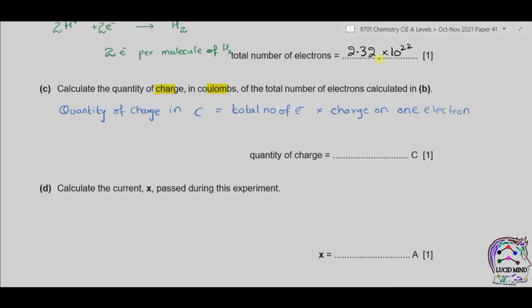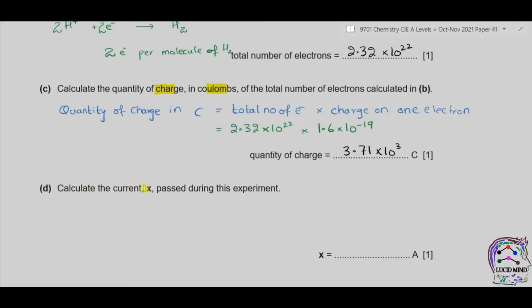As the total number of electrons is already calculated, we have 2.32 × 10^22 electrons multiplied by the charge on 1 electron, which is given in the data booklet. It is 1.6 × 10^-19 coulombs. So the quantity of charge is equal to 3.71 × 10^3 coulombs.